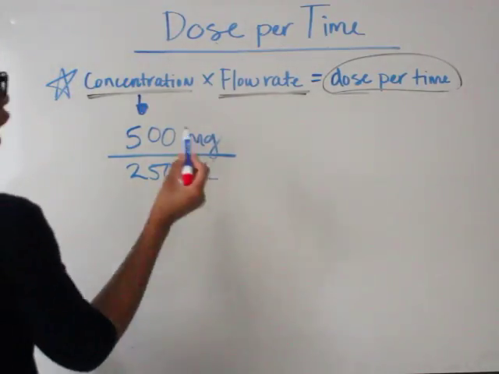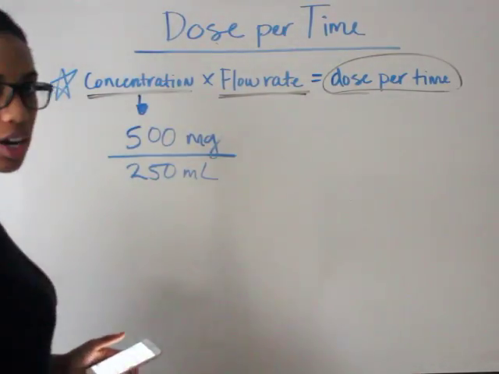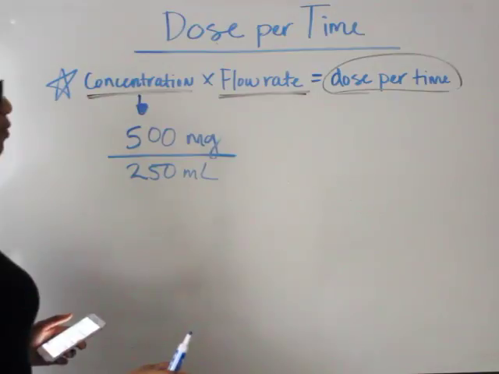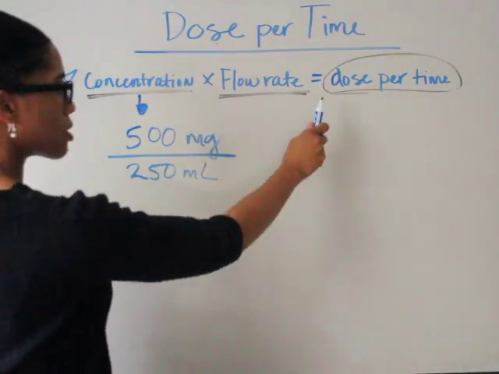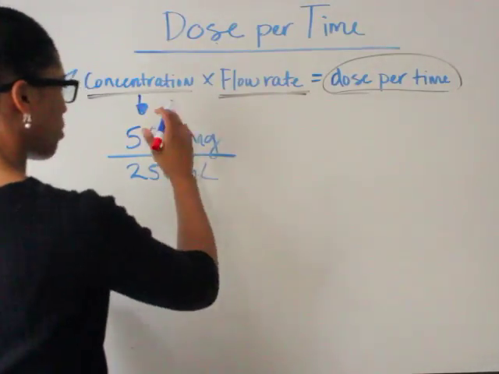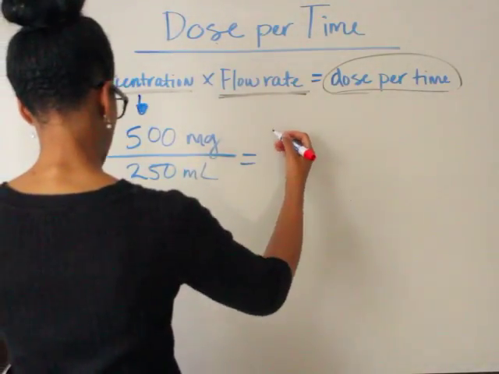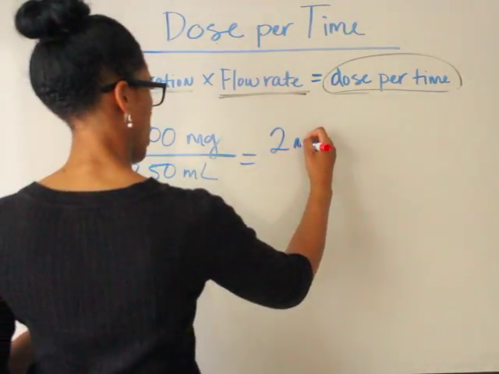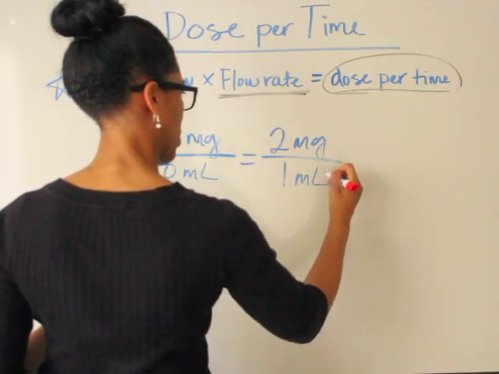Basically, already this is our concentration. That's the gist of it. But just for mathematical purposes, so it's easier for us when we're multiplying, we can break this down even further, and that will come out to be 2 milligrams over 1 milliliter.